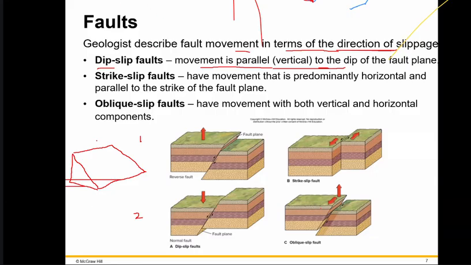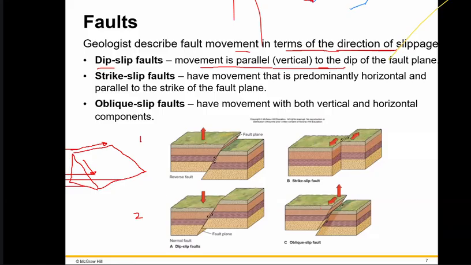This is the strike direction, and this is the dip direction.